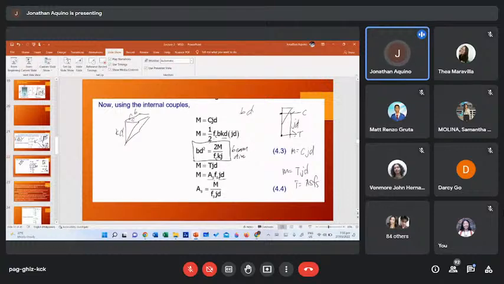So AS is just simply M over FS times JD. So sa design problem, moment na i-consider mo, either steel or concrete, ito yung design moment natin from external forces. So yan yung combination ng dead load or dead load plus live load or dead load plus any other live load.